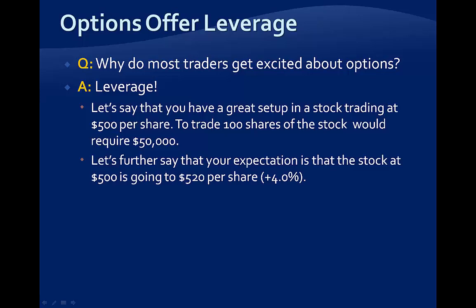So let's say further that you had a certain expectation. You thought that the stock at 500 was going to go to $520 per share, and you're thinking, if I bought 100 shares at 50,000, it goes up to 520, I'd have 52,000. I'd have a nice profit. I have 4% upside in the stock. That's what that $20 gain would be. A $20 gain on a $500 share price is a 4% upside move.